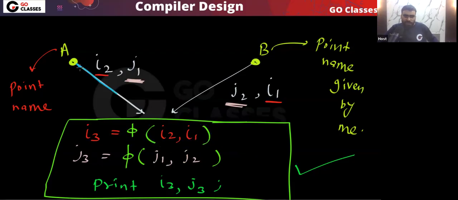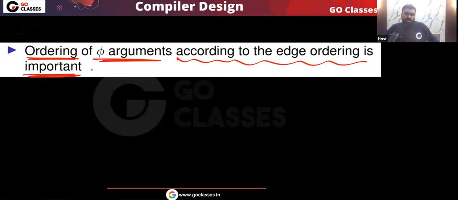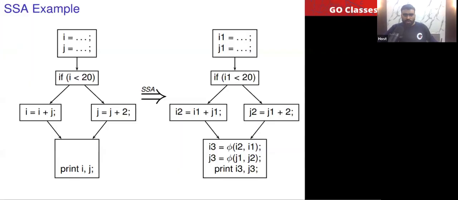Means if first you are writing this edge, then every time you should write this edge. Is this clear? So this matters. Remember, the ordering of phi arguments according to the edge ordering is important. This is a small note, not a complicated point. I hope you understood.